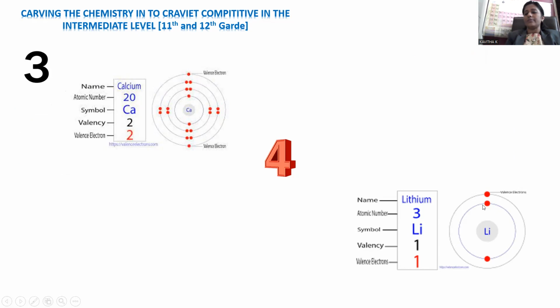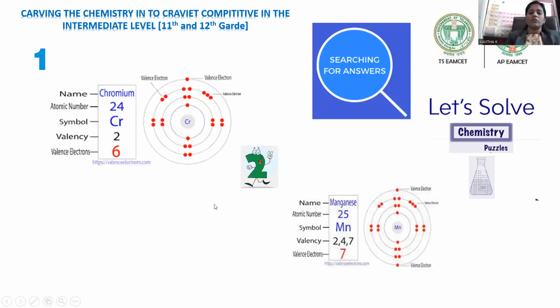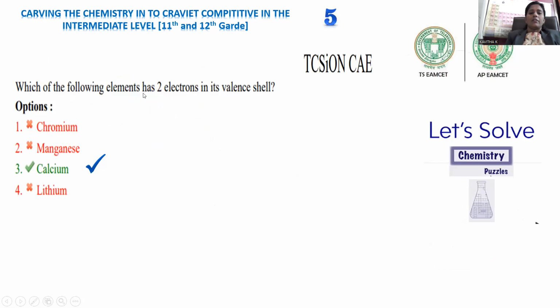The second shell contains only 1 electron. The electronic configuration of lithium is 1s2 2s1, so 1 electron is there in the outermost shell. For question number 5, 2 electrons in the valency shell is accorded to calcium. For question number 5, option number 3 will be the correct answer.